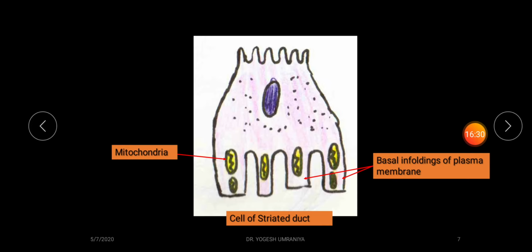You can see the mitochondria placed within this gap created by the plasma membrane foldings, and this type of folding as well as placement of mitochondria gives this cell a basal striated appearance. That is why, because of this basal striation, this cell is known as the striated cell, and this duct is known as the striated duct.